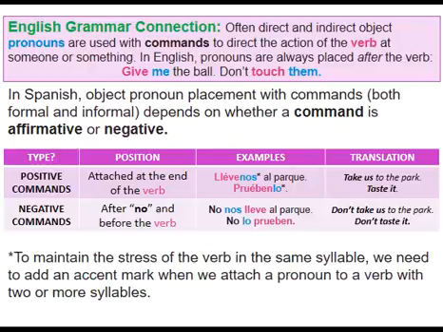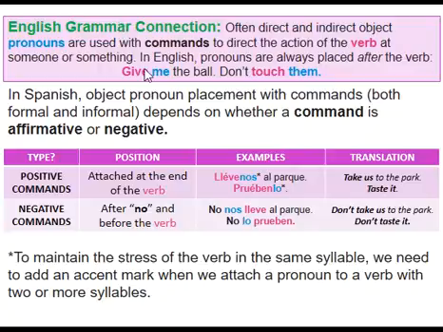So we're going to be taking a look at those commands when they include a direct object or an indirect object pronoun. Remember, same thing in English, right? Often direct and indirect object pronouns are used with commands to direct the action of the verb at someone or something, whatever that pronoun is substituting, right?